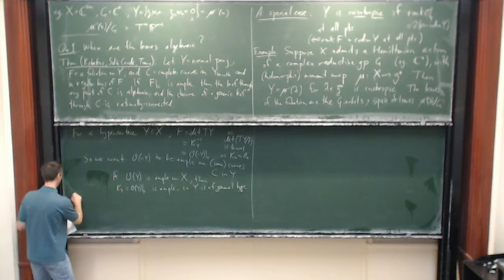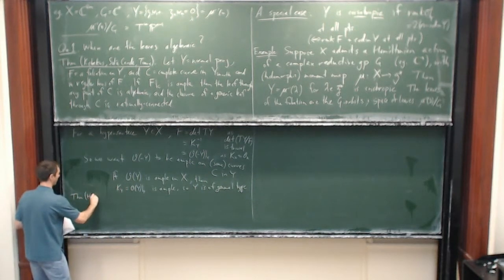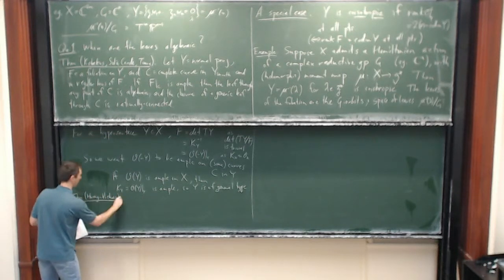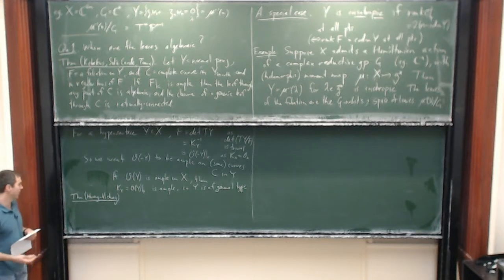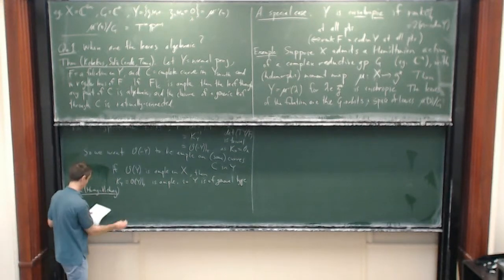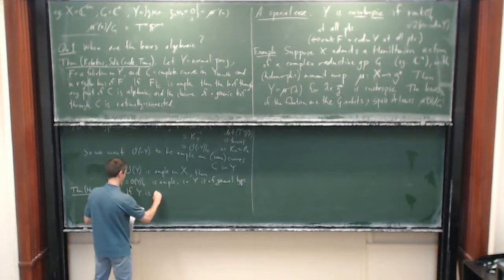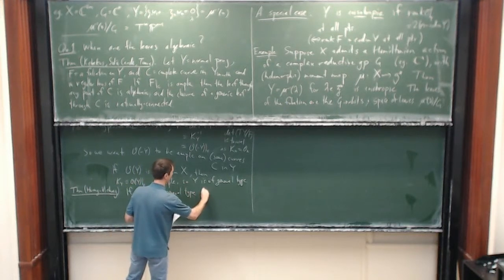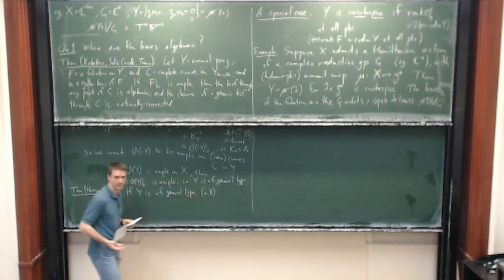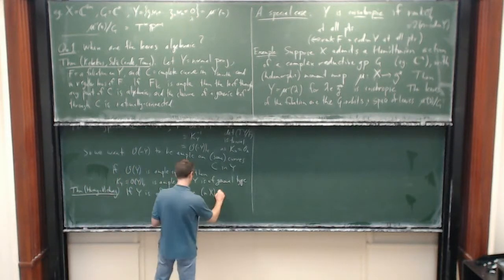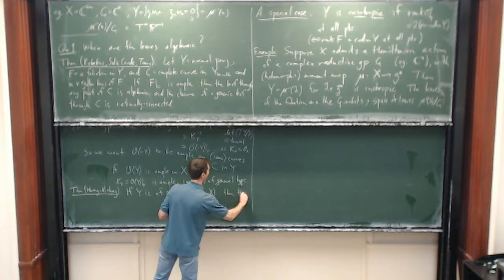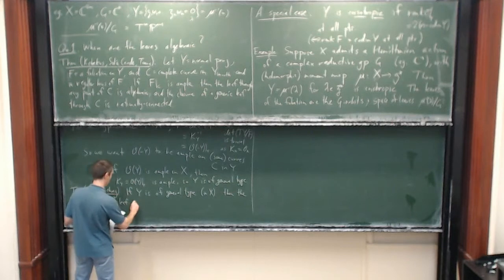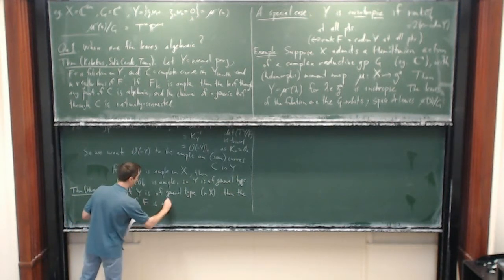Okay, and in this situation, Huybrechts and Bogomolov prove that the generic leaf is not algebraic. So if Y is of general type, again we're in a situation where it's sitting inside a holomorphic symplectic manifold, then the generic leaf of F is not algebraic.